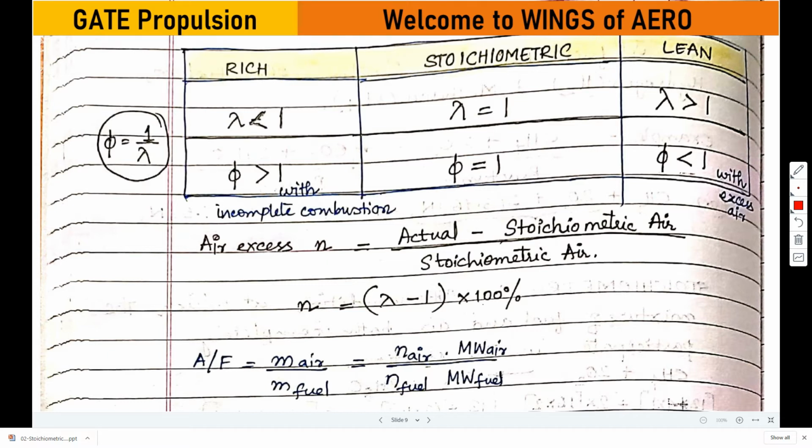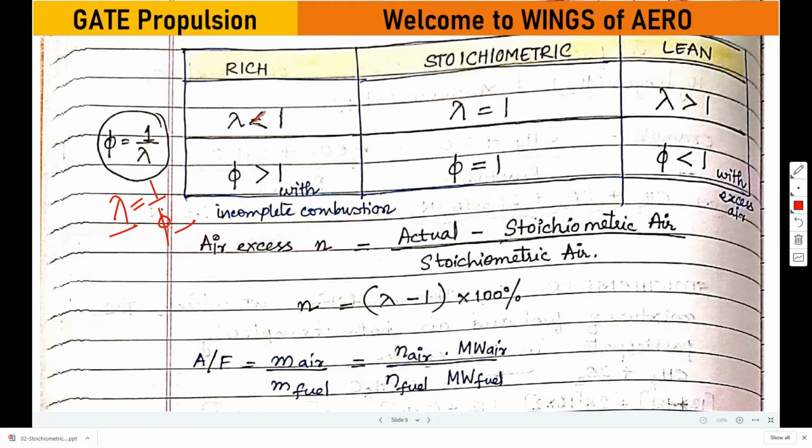So please remember that. Lambda equals 1 by phi. Already I know that lambda and phi, the stoichiometric and equivalence ratios, are reciprocal of each other.